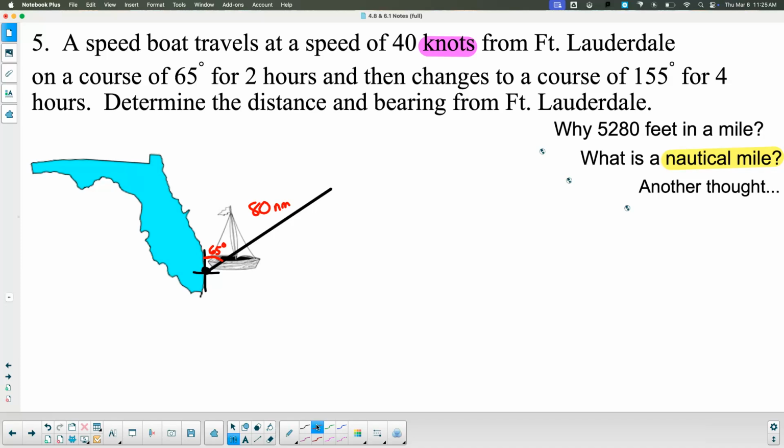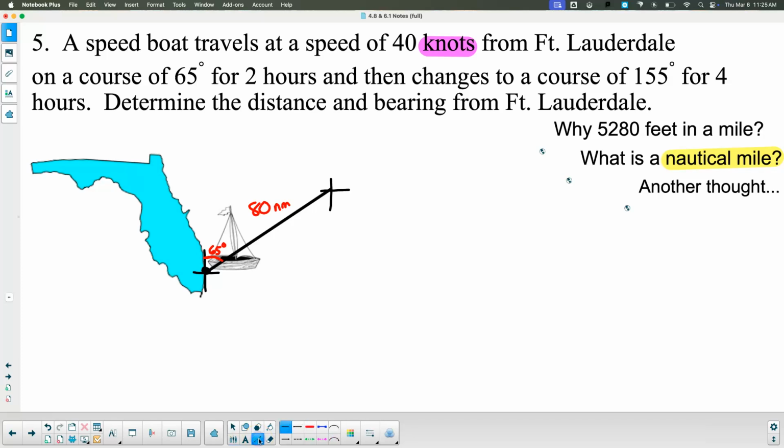Then it changes course. So now I've got to draw another compass here, and it changes to a course of 155 degrees.